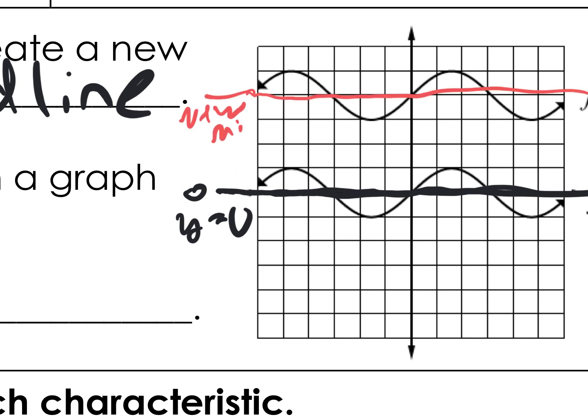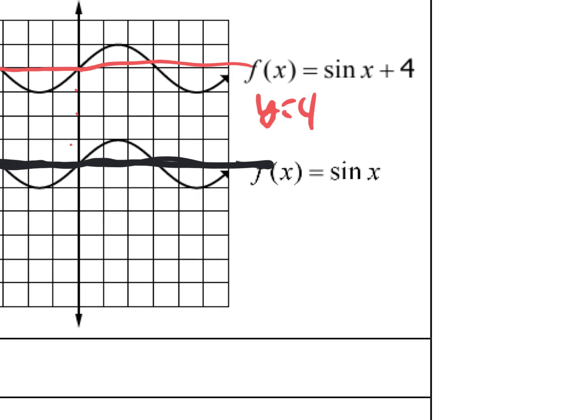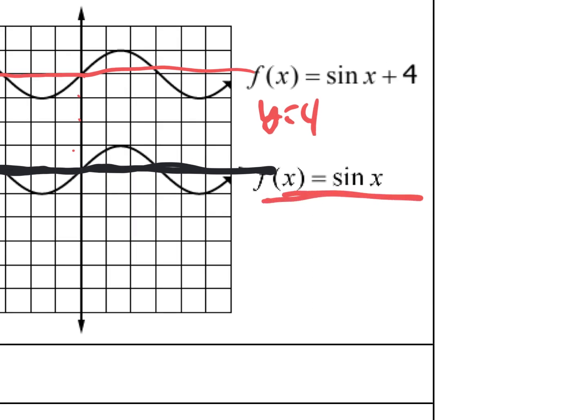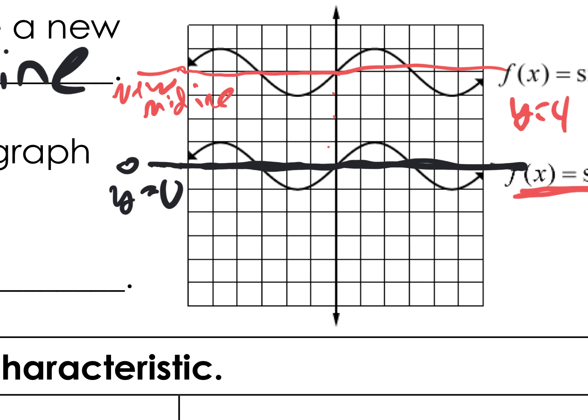New midline. And the equation of that midline is what? It's y equals 4. Actually, I didn't notice that she wrote this here. There was a plus 0. Now there's a plus 4. That means your midline went up. So when you count your amplitude, if your amplitude is 1, you count 1 up from the midline and down 1 from the midline.